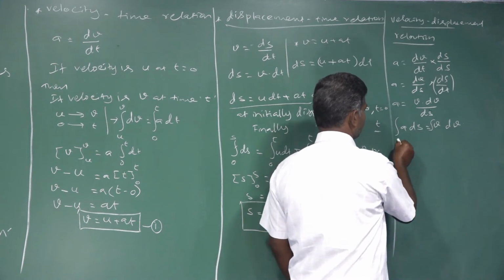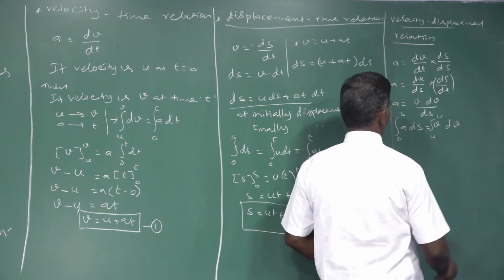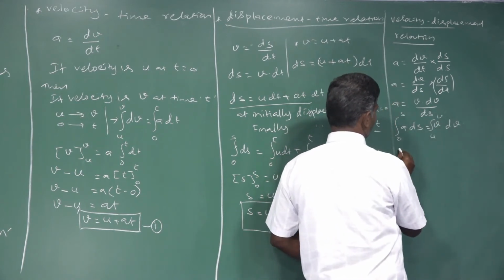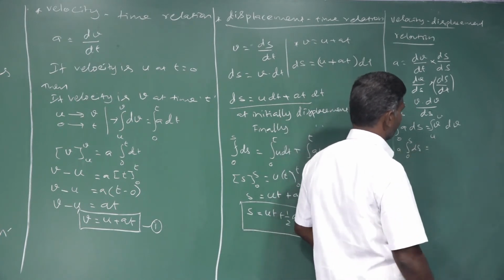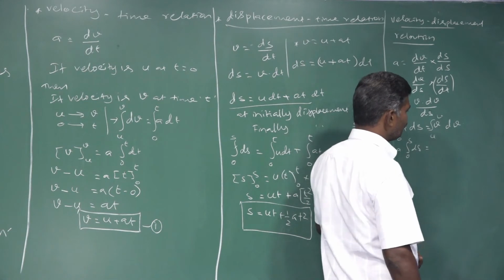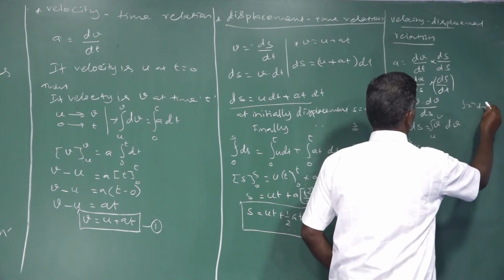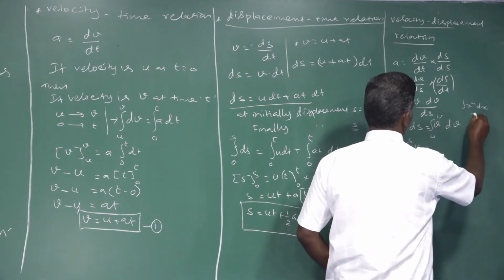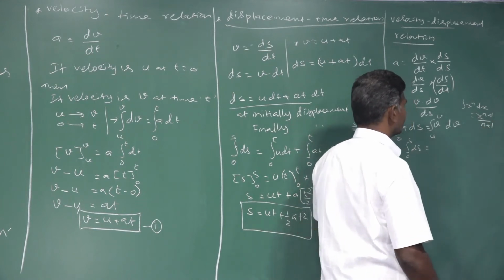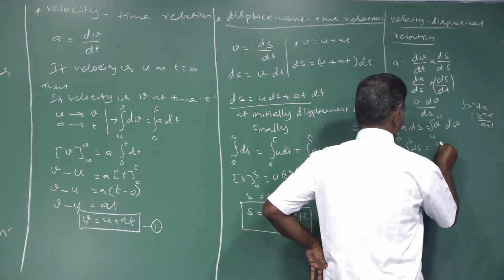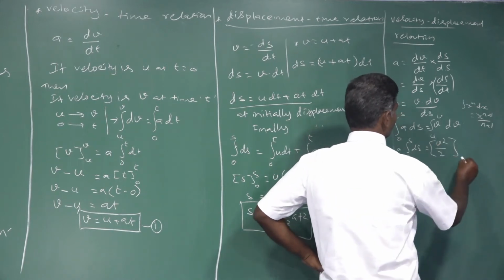We know that acceleration is constant, so take it out: a integral 0 to s of ds equal to integral of v dv. Using the formula integral of x to the power n dx, its value is x to the power n plus 1 divided by n plus 1. So we get v squared divided by 2, with limitation u to v.